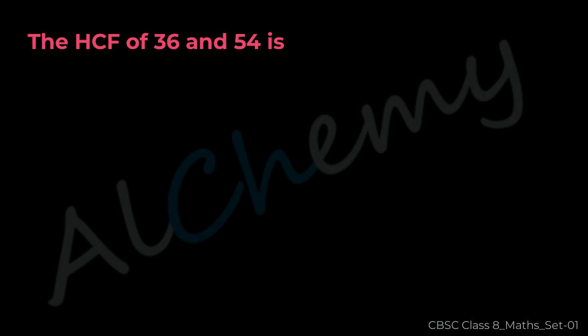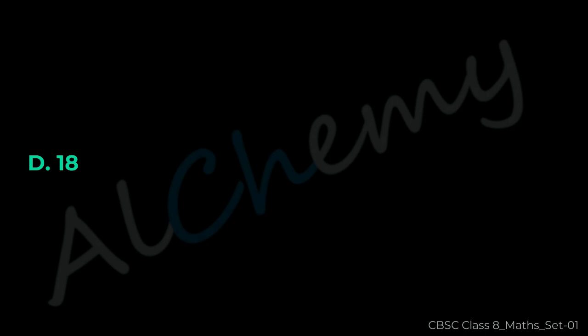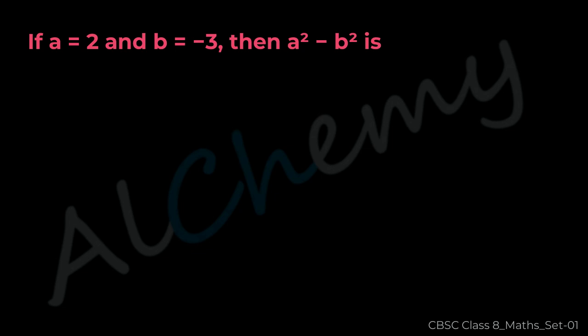Question 38. The HCF of 36 and 54 is A 6, B 9, C 12, D 18. The correct answer is D, 18. Consider the following expression. A minus 5, B 5, C 13, D minus 13.